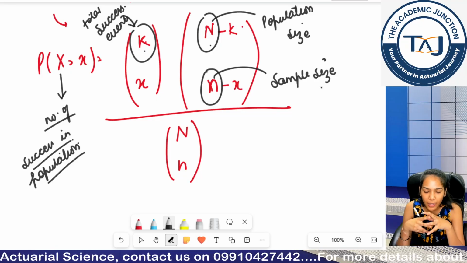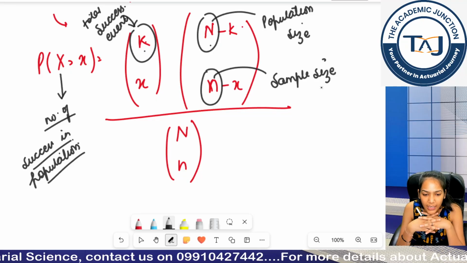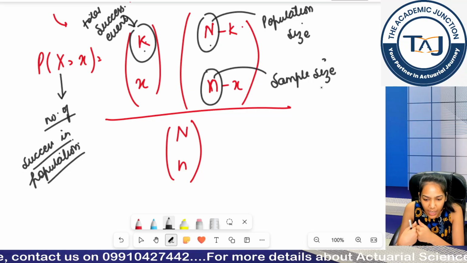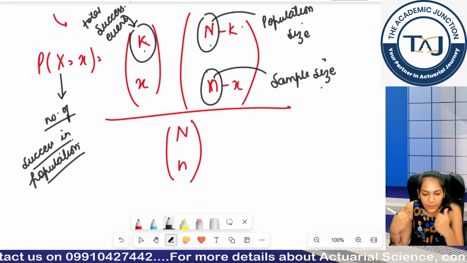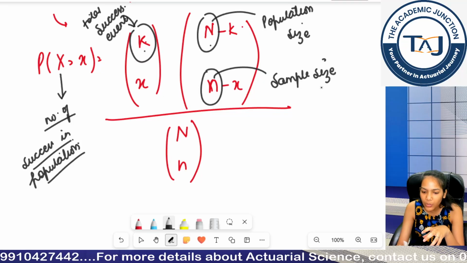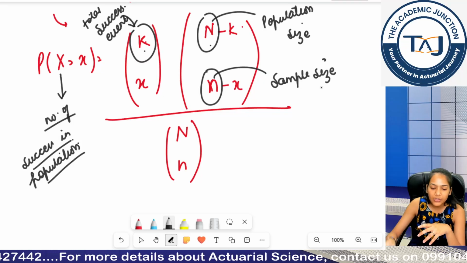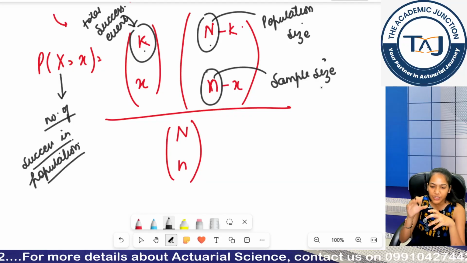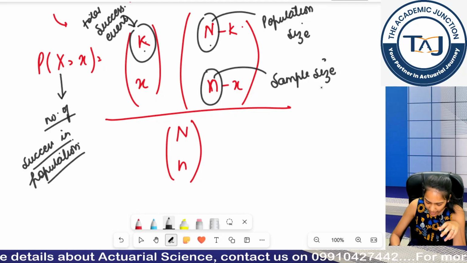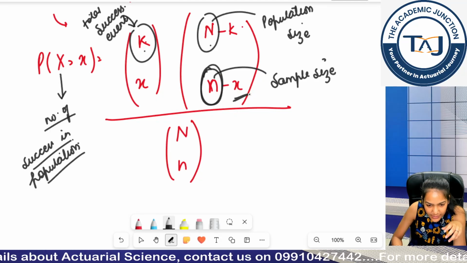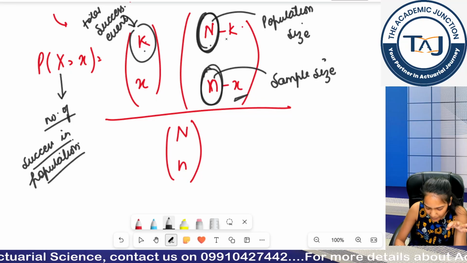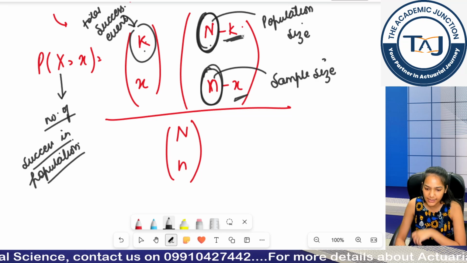For example, if my country's population is 1000, my N becomes 1000, out of which I can't model all 1000 of them. So that is why I will take a sample, which is my small n. Out of this sample I want small x successes, and out of the population I have K successes.